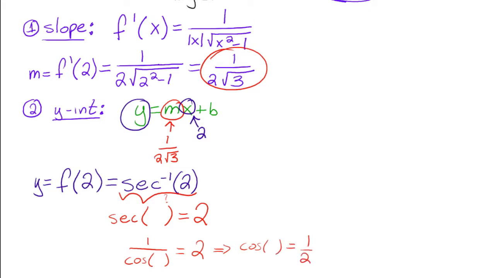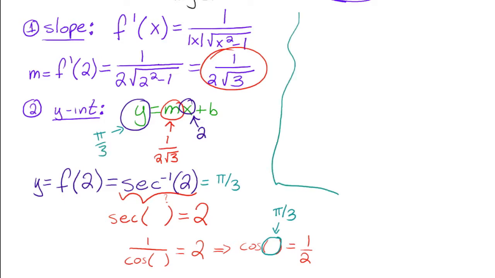Now this is something that we can understand. If you already knew what it was, well, good for you. But if you didn't, now you would say, oh, well, that's pi over 3. Great, so inverse secant of 2 is pi over 3, and that's what y is equal to.